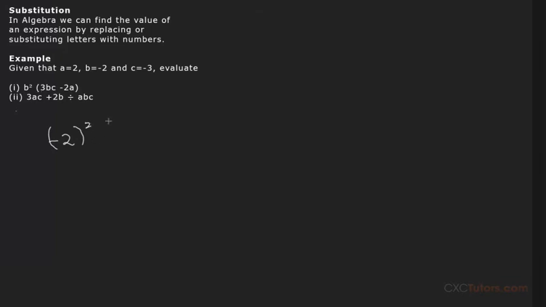So that's minus 2 squared multiplied by, I can do that bracket now. It says 3 multiplied by b, which is minus 2, multiplied by c, which is minus 3, and then we are going to subtract the value of 2a, so that's 2 times 2, and then we can put our bigger bracket there.